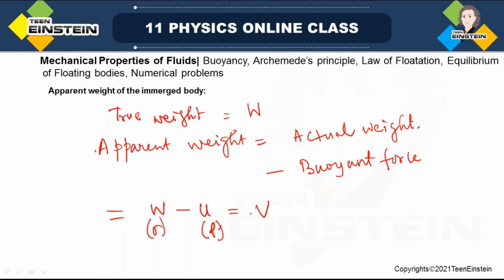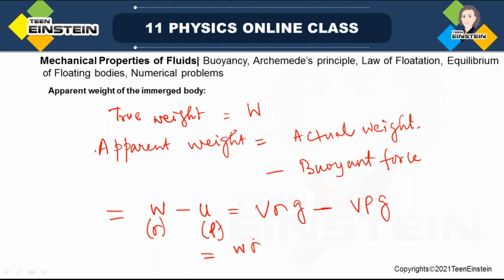Then if V is the volume, you'll have V sigma, since mass is volume times density, into g, and this has V rho and g.